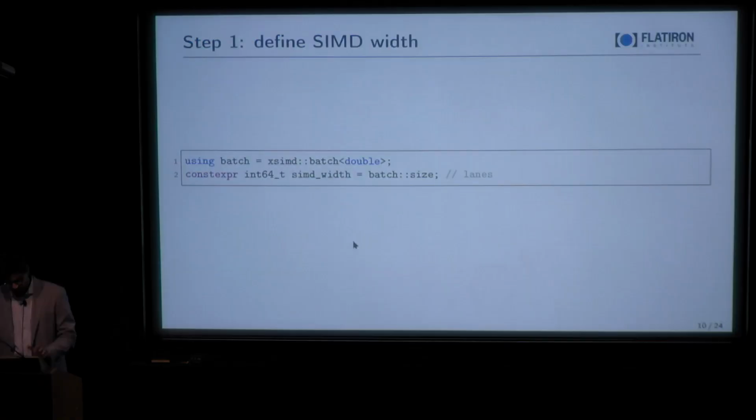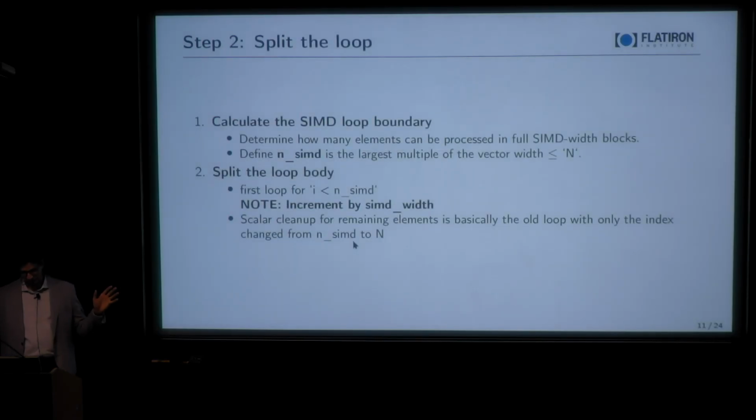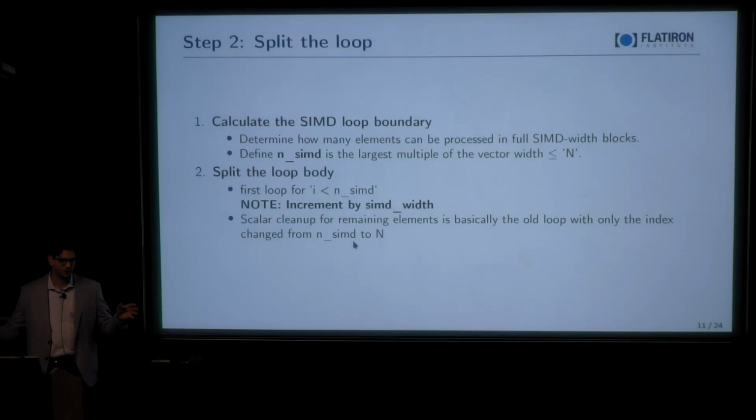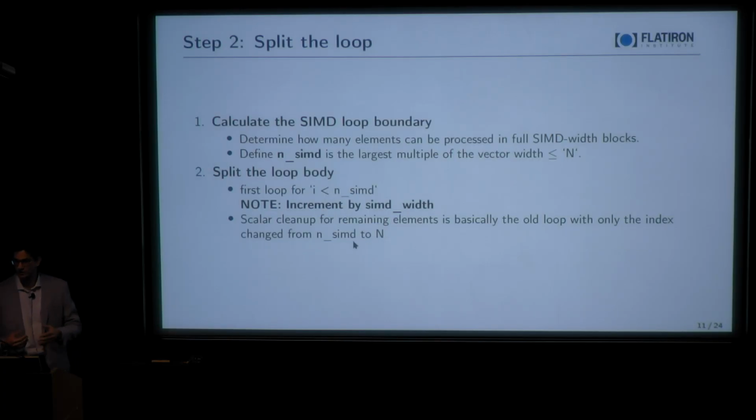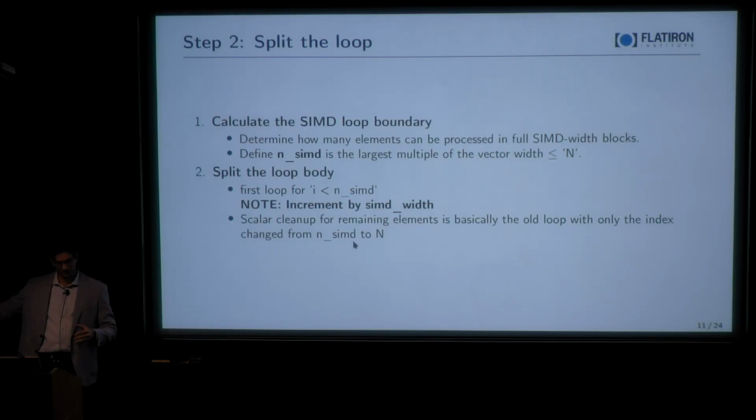OK. So this is the first step. We need to figure out how many lanes we have available to us. And the second step is to truncate the number of iterations to a multiple of the SIMD lanes so that we don't do out-of-bounds accesses.